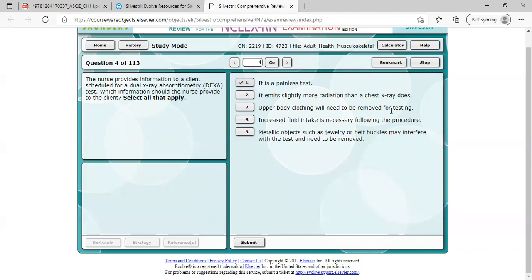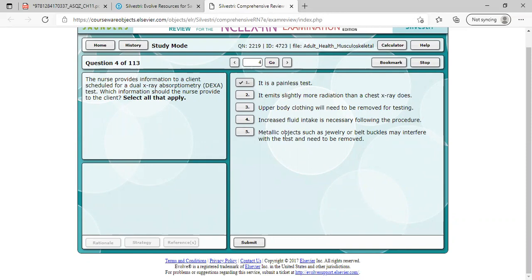It does not need to be removed. Increase fluid intake is necessary following the procedure. Drinking fluid is nothing wrong, but it is not mandatory that the patient increase fluid intake following the procedure, because no dye is given that needs to go out from the body.